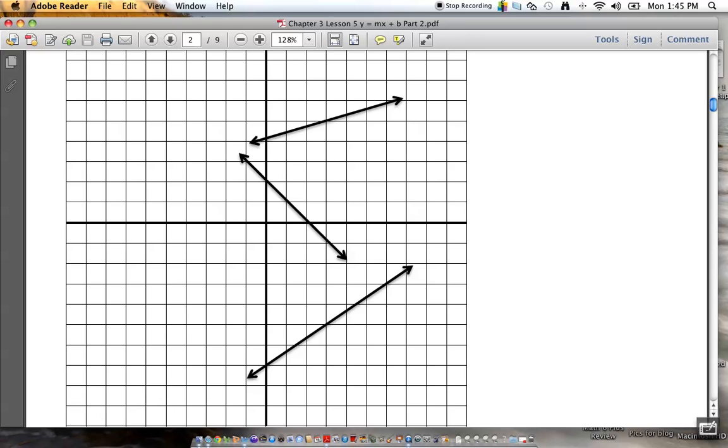Work together, guys. I'm not hearing too much talking here. You got to figure out m and b. Look at where the line is grabbed by the y-axis, and then look at how the point moves.